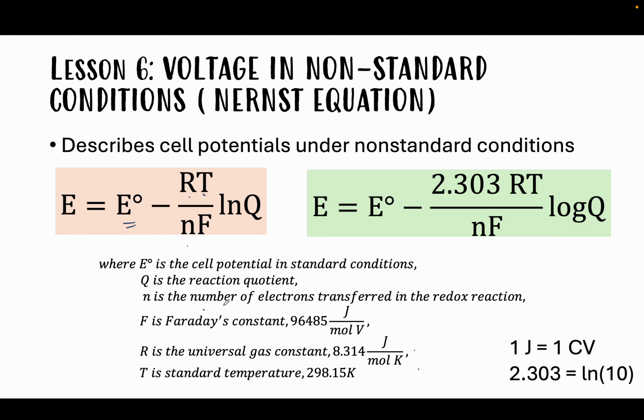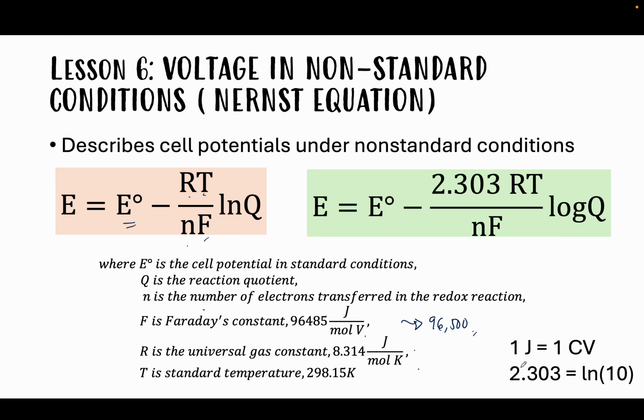Your balanced equation is your basis, times F, which is Faraday's constant, with units joule per mole volts, and the value we'll use is 96,485, although there are different sources which have rounded up to 96,500. Some references use this value.